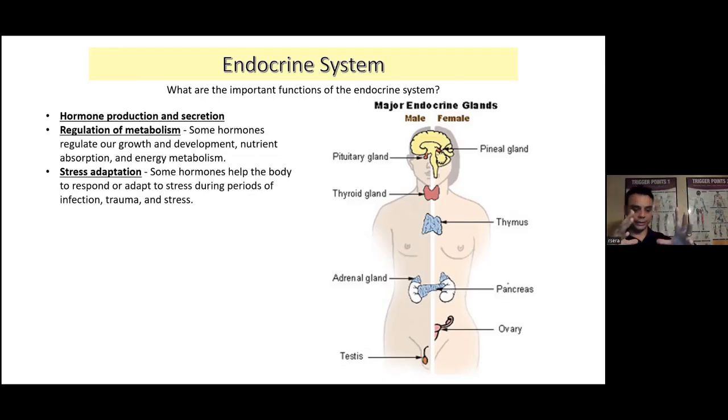There's an interplay between the nervous system, specifically the sympathetic division, which has a direct neural link to our adrenal glands and can promote stress adaptation, regulating the adrenal functions in states of trauma, stress, anything like that.